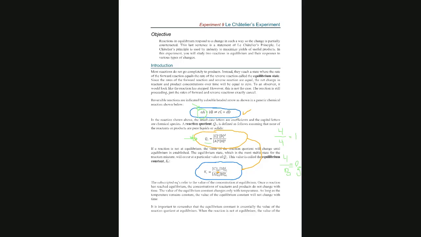We will go over every different disturbance, but this is just the beginning. So this is one way of disturbing. We said that adding a reactant to an equilibrium mixture forces the reaction to move in the forward direction. And let's see what happens when we change the temperature.